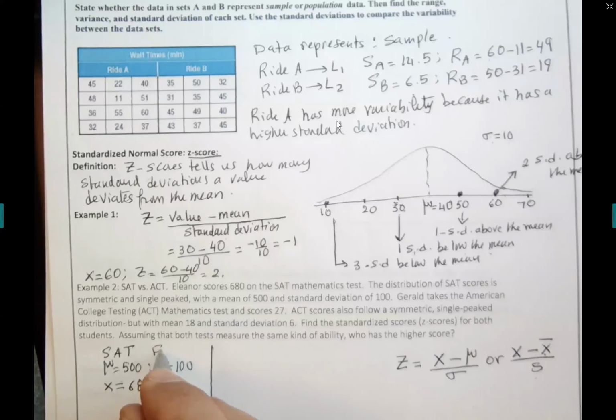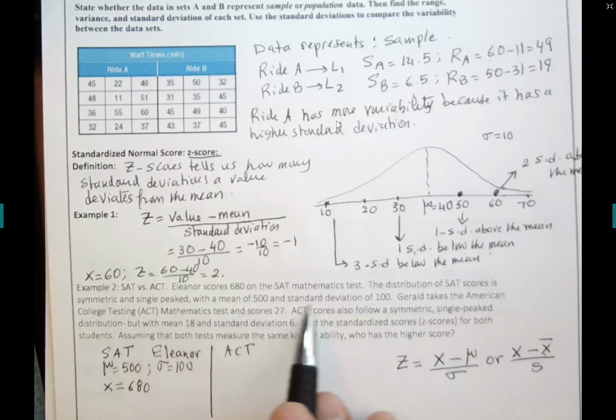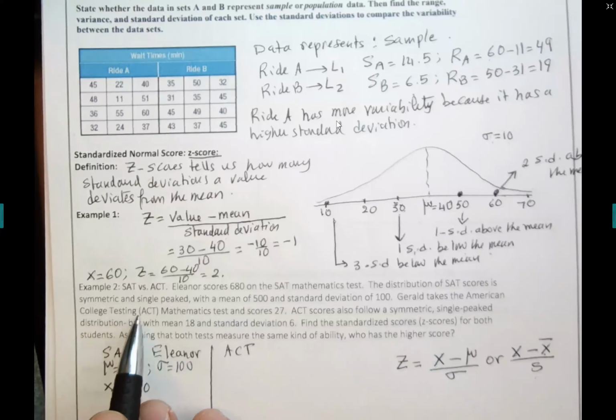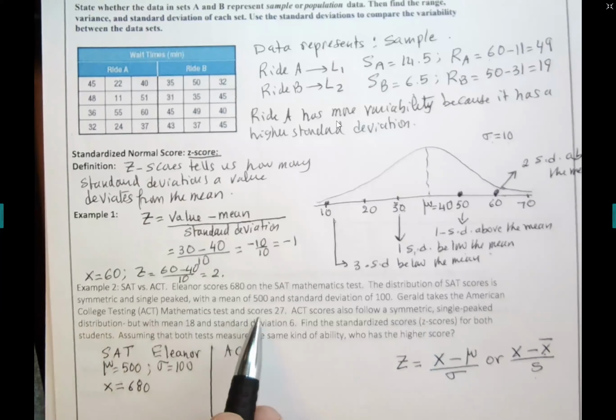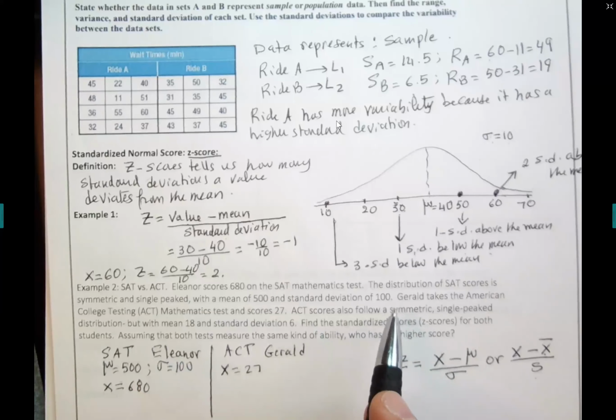I'll put her name here. Now ACT. Gerald takes the American College Testing ACT math test and scores 27. So that's Gerald. He scored 27, but let's see what we know about the ACT scores. ACT scores also follow a symmetric single peak distribution, but with a mean of 18 and standard deviation of 6.